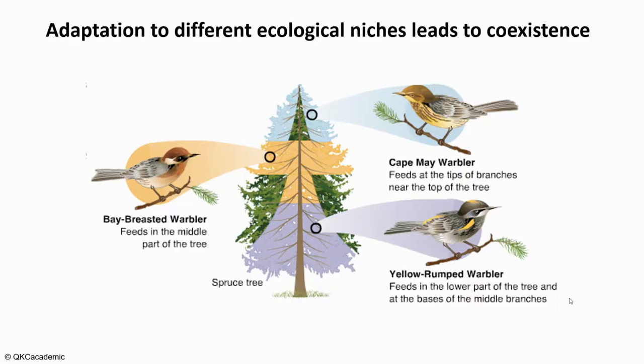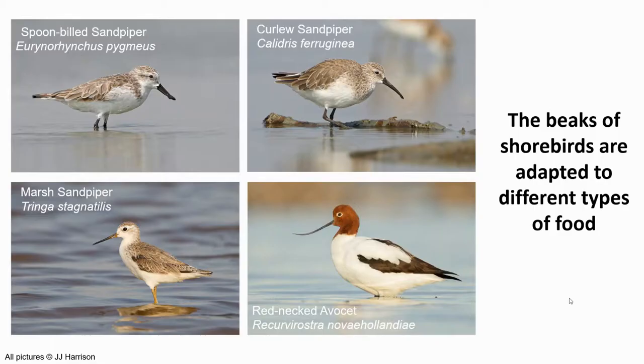Now, all these different traits ensure that species adapt to certain ecological niches. In this figure, you can see three North American warblers that use different parts of a tree. Because each species is foraging in its own ecological niche, there is little competition and the birds can coexist. Now, this concept of ecological coexistence is also visible among shorebirds. Notice how each species has a different bill morphology.